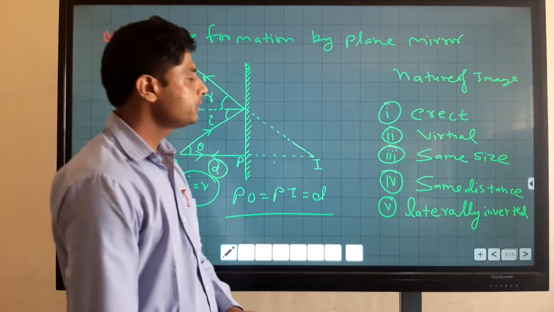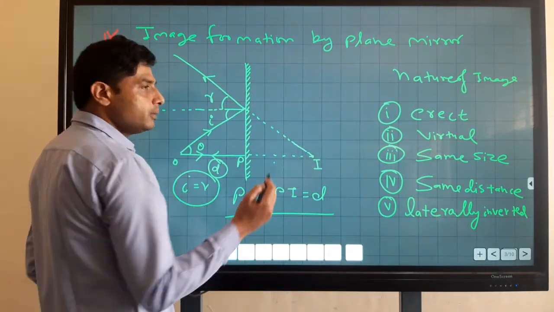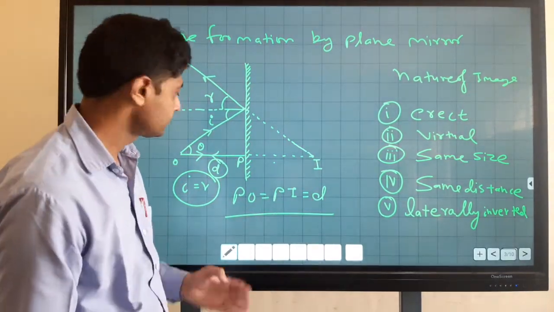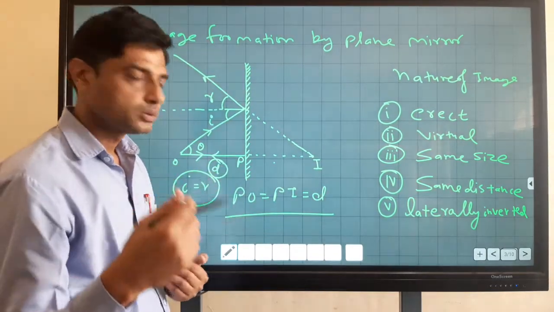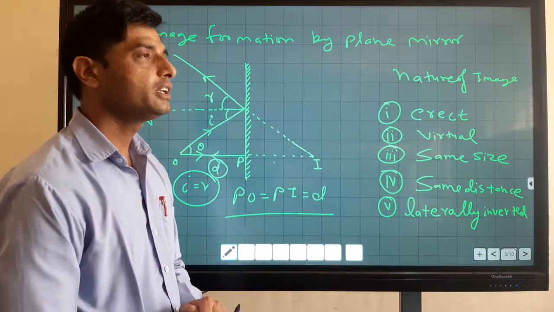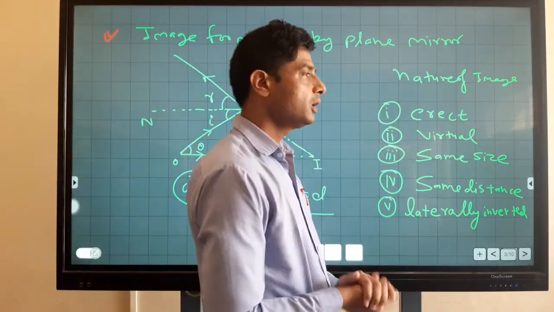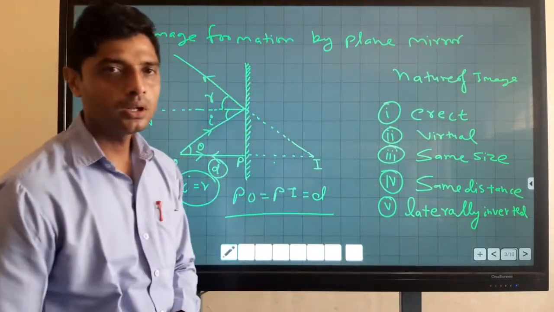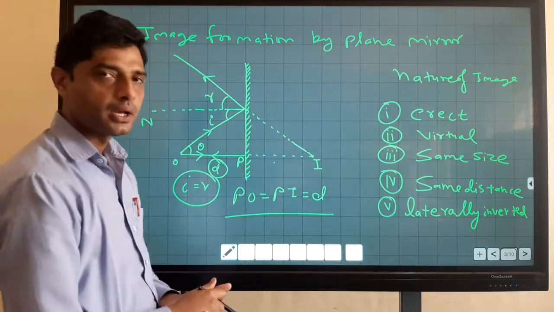This is the nature of the image: erect. The image will be erect. Okay, erect means सीधा. So the image formed by a plane mirror is always erect. The image is virtual because the image is obtained behind the mirror.